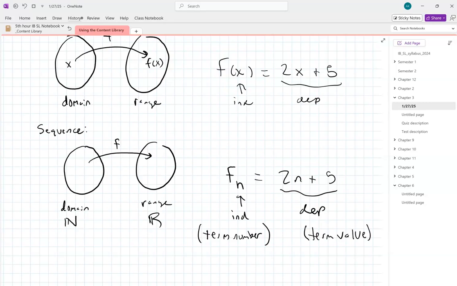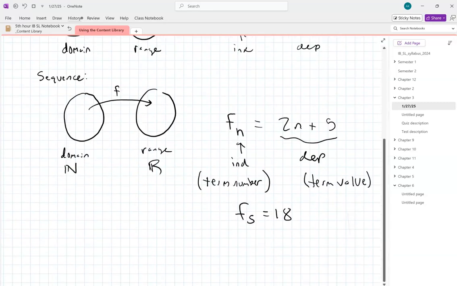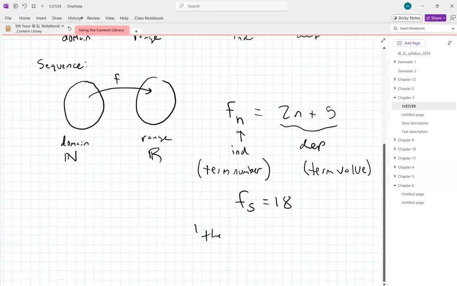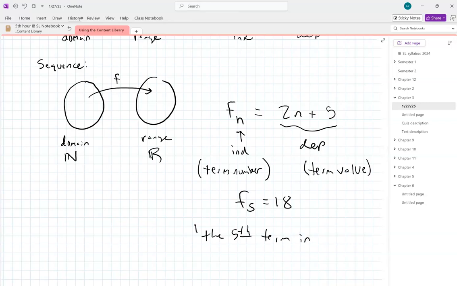So if I said f sub 5 is equal to 18, that would tell us that the 5th term in the sequence is 18. Right? That's how we read that statement.